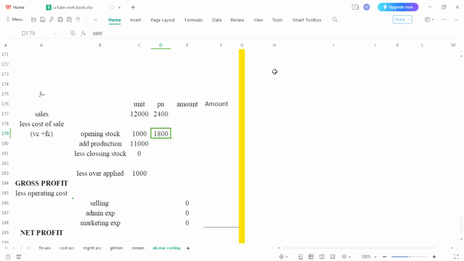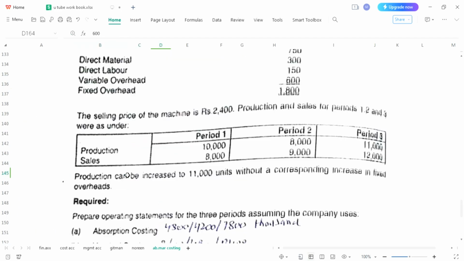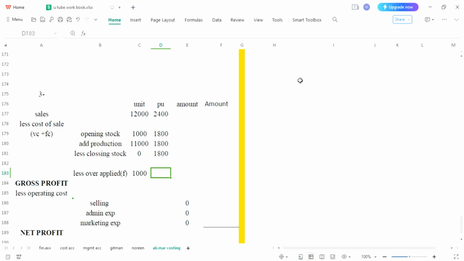And we will be putting this per unit cost for production and for closing stock as well. Under over applied, as mentioned earlier, it is related to fixed cost only. So we will put per unit fixed cost, which is clearly mentioned as 600. So we will put 600 over here. All per unit figures we have written.